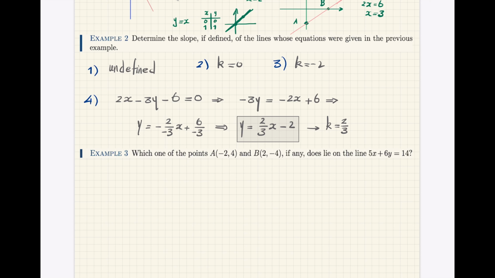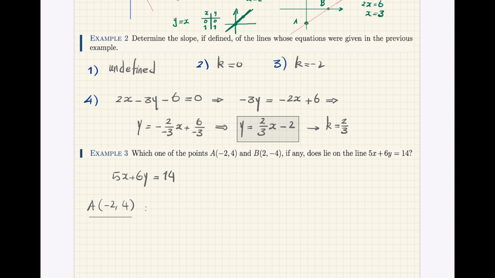So what I do, I would write 5x plus 6y. You want to make it like a function, but you don't need to do that. I replace x with x, I replace y with y. If the equality turns out to be correct, then I would say this point lies on this line. If it is wrong, then it does not lie. So let us check the point A, -2 and 4.